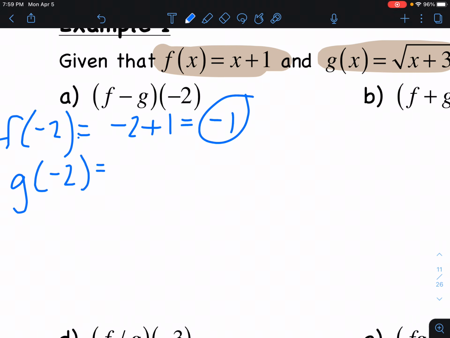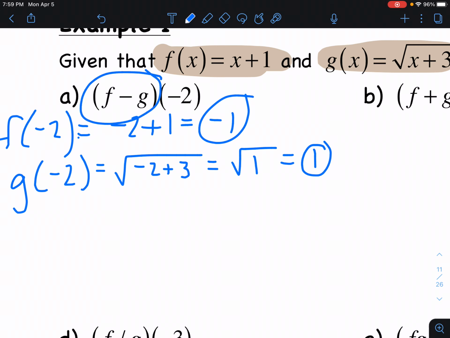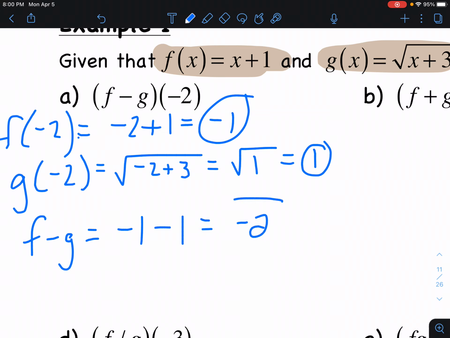That would be the square root of negative 2 plus 3, which is the square root of 1, and the square root of 1 is 1. So now, looking back here, it says f minus g. The f was negative 1, minus the g is 1, and our answer to the problem is negative 2.